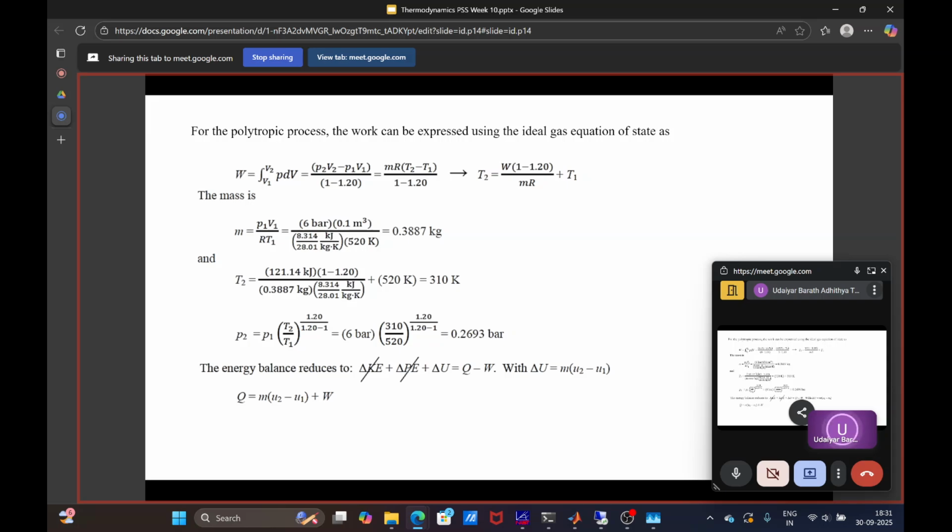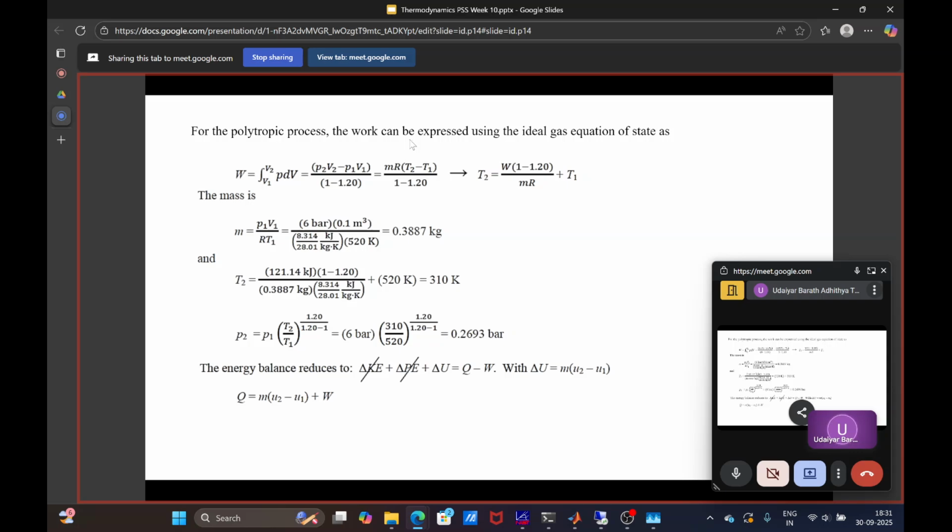Substituting the values, we can find out the final temperature T2, because that is the only unknown. We know the initial temperature, we know the work done, we know mass. To find out mass, we know the initial pressure, the volume and temperature, and we know the gas.